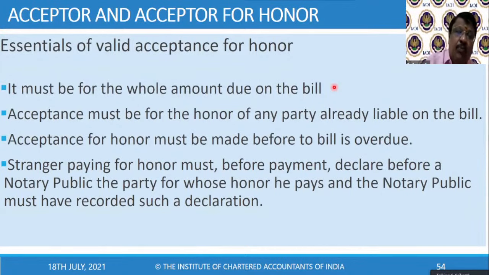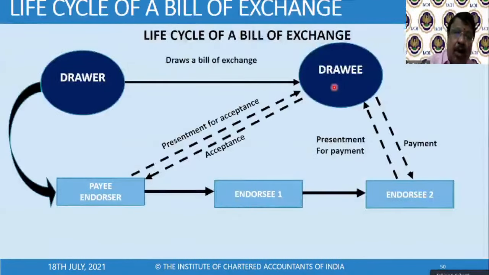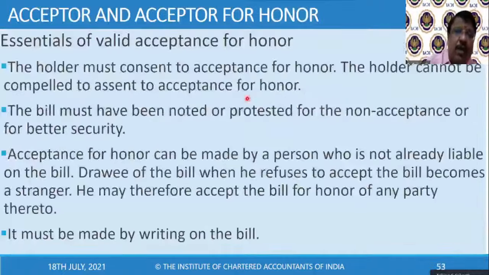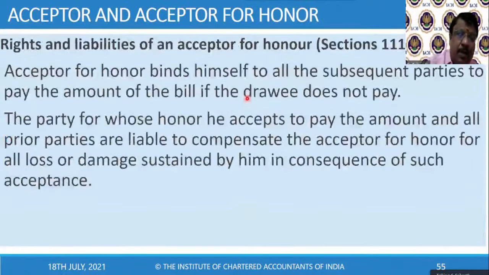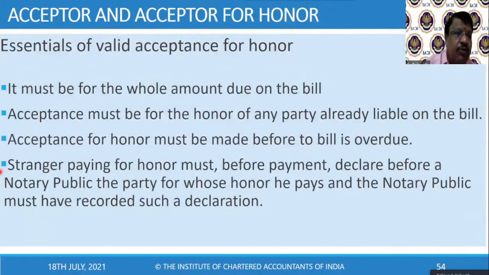Suppose tomorrow the acceptor for honor is suing the drawer or an endorser. He should have some proof, right? That is what is done when a notary public signs it. Now, those of you who don't know who is a notary public, it's a lawyer, an advocate who is appointed by the court as a public official.